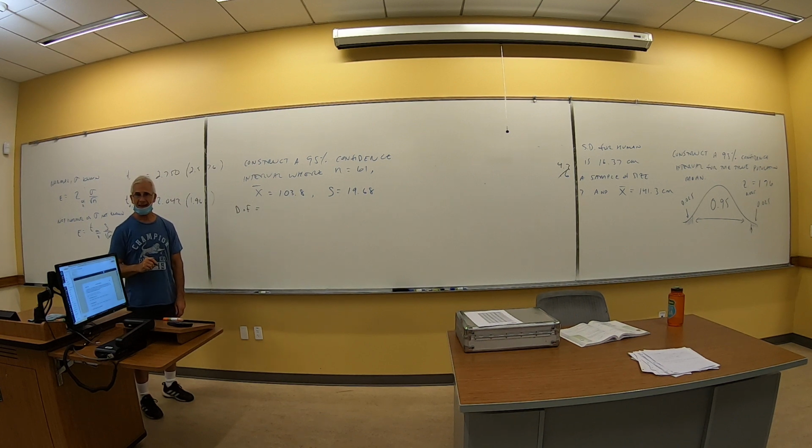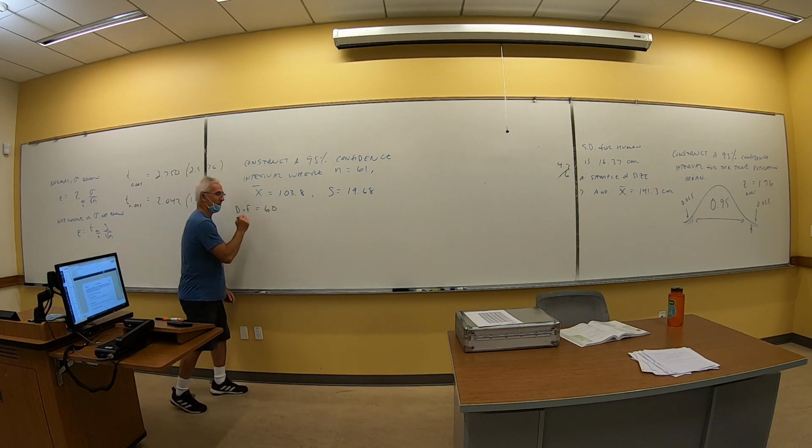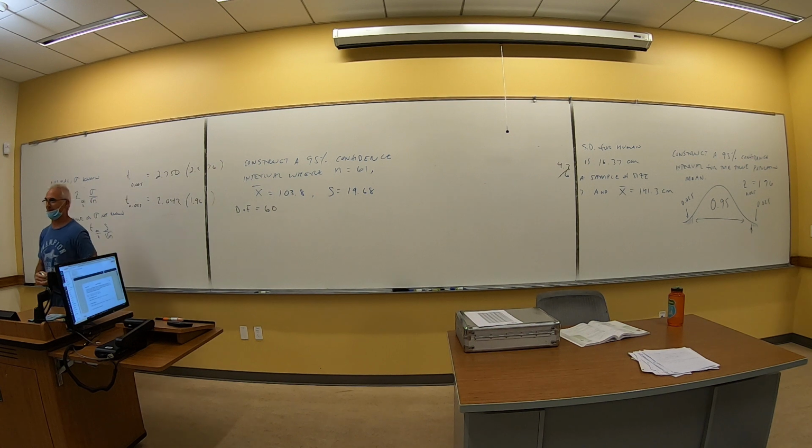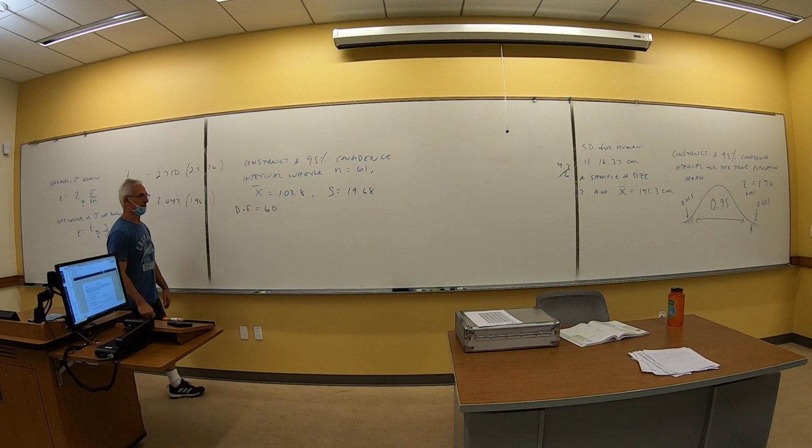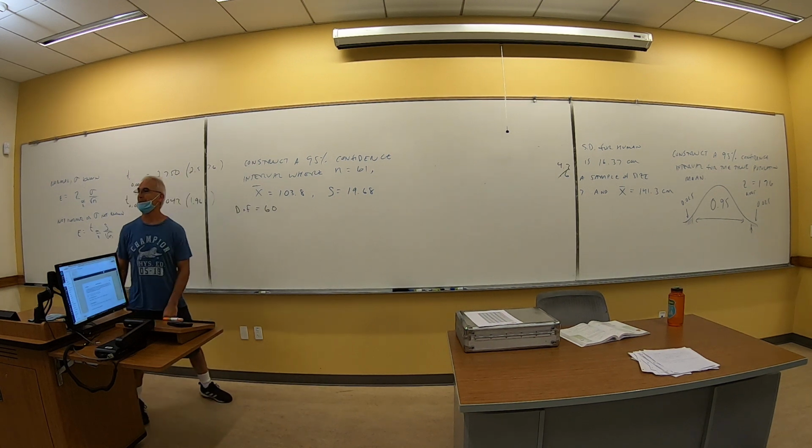This is the only thing you cannot miss in your entire lifetime, because you're never going to do anything easier. I looked ahead. What is degrees of freedom? 60. The very fact that nobody was willing to answer makes me worried that you didn't listen to anything we've been doing for the last 15 minutes. Degrees of freedom is n minus 1. If n is 61, then degrees of freedom is 60. That's not a calculation, folks, that's given.